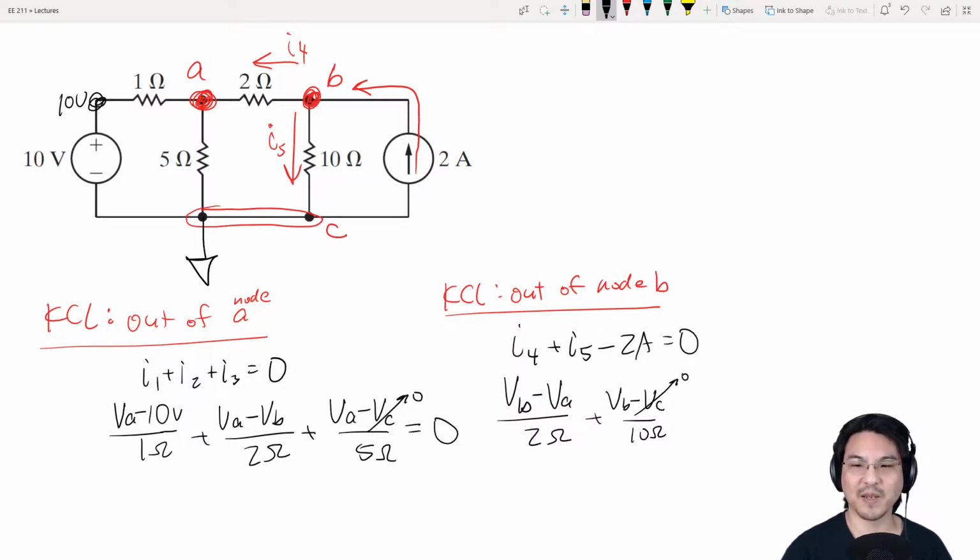And the minus 2. Okay, so if you look at it, let's figure out what is known and what is unknown. I don't know these two node voltages. So we have 2 equations, 2 unknowns, which you can solve.